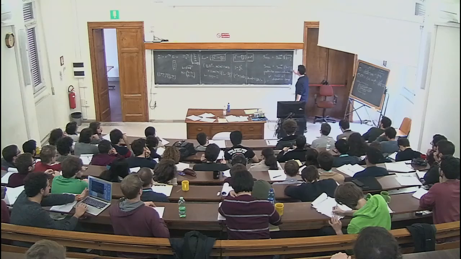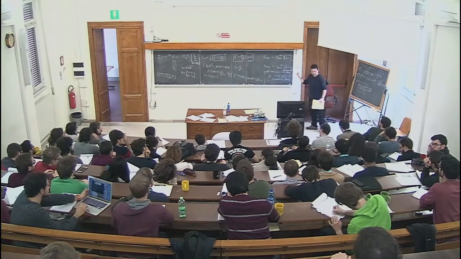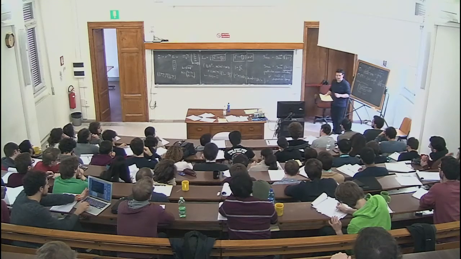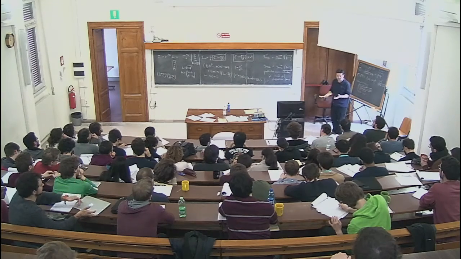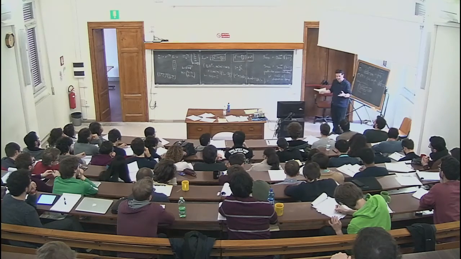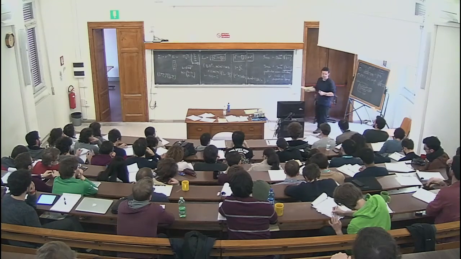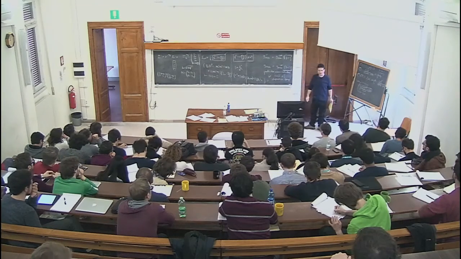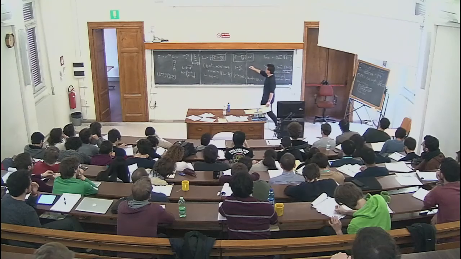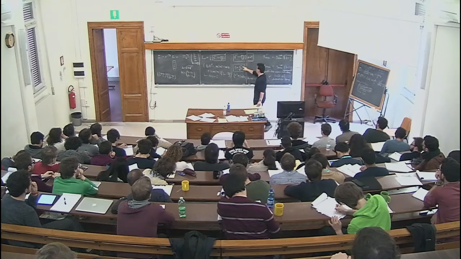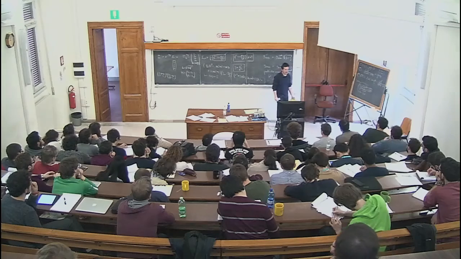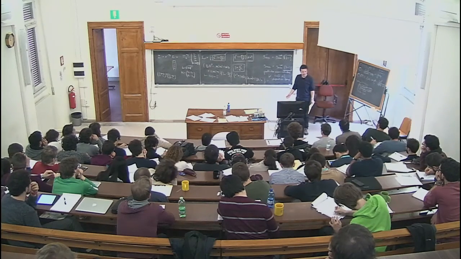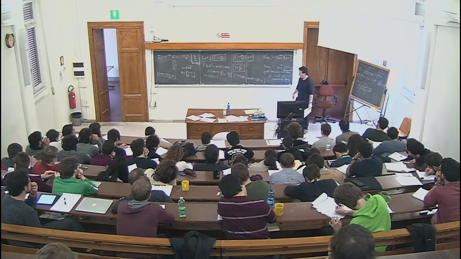Okay, but again, the second lesson to take away from today is that generically in composite Higgs models, you do expect the properties of the Higgs to deviate slightly from the standard model Higgs properties. And the parameter that is telling you about the amount of deviation is this ratio here. This ratio is very important, because it is roughly telling you how heavy the top partners and the gauge boson partners are.